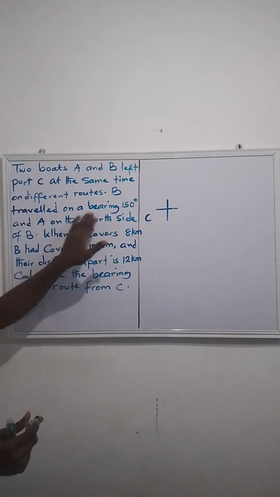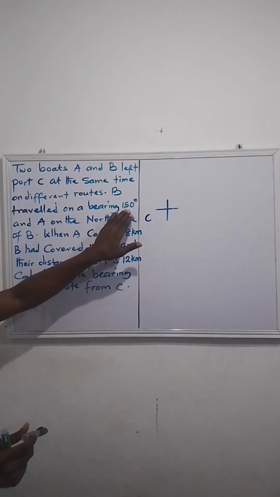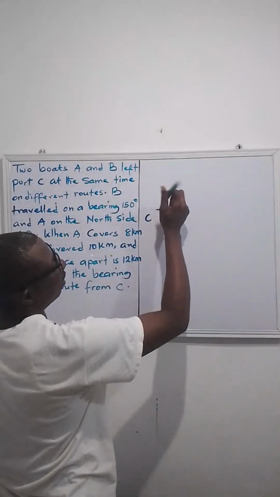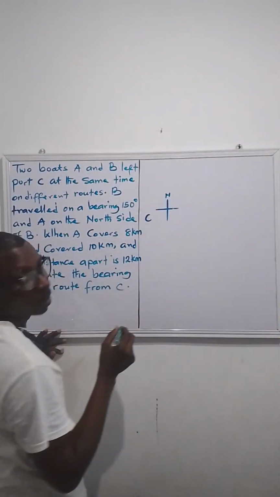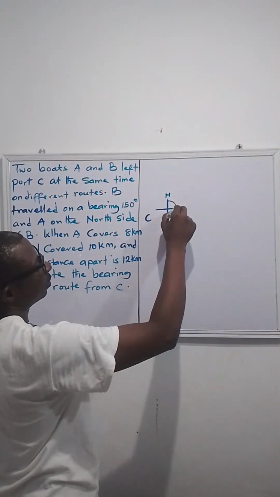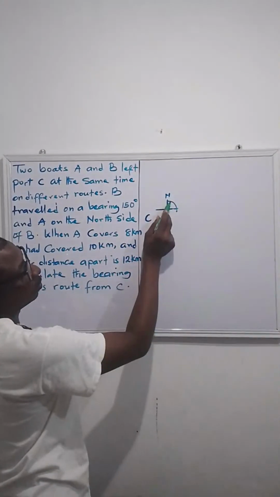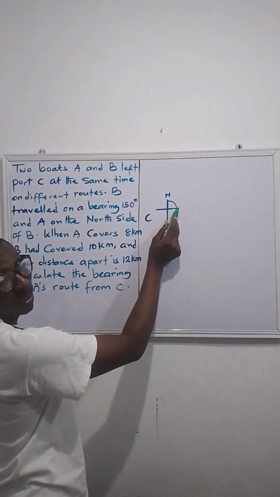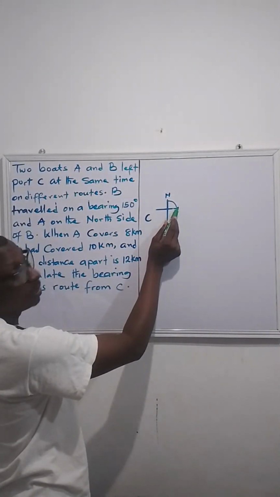Now B traveled on a bearing of 150 degrees. So we start our reading from the North Pole, 150 degrees. So you move down. From your north to your east is 90, so how many more degrees do you need to hit 150?